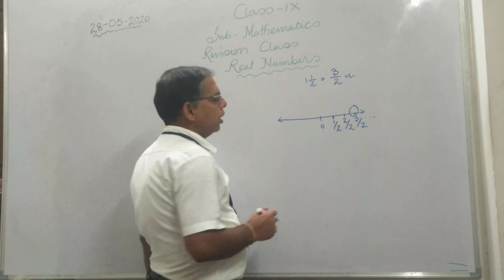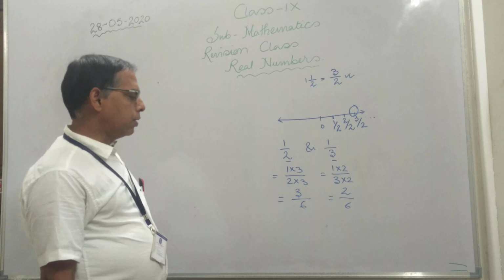What is the LCM of 2 and 3? LCM of 2 and 3 is 6. So ultimately it will be 1 into 3, then 2 into 3, equal to 1 into 2, then 3 into 2. That is 3 by 6, and then 2 by 6.